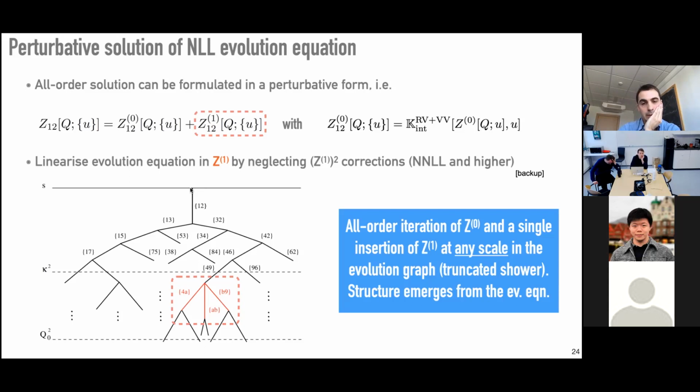The way I imagine this is that usually when you write the evolution equation, you can write it either in the forward evolution way or in the backward evolution way. So do you have a splitting and then 2 generating functionals, or 1 generating functional and then a splitting? You can formulate this in both ways.